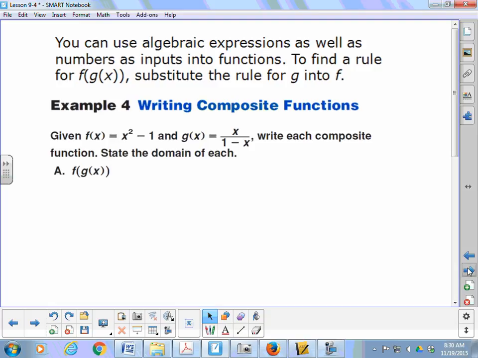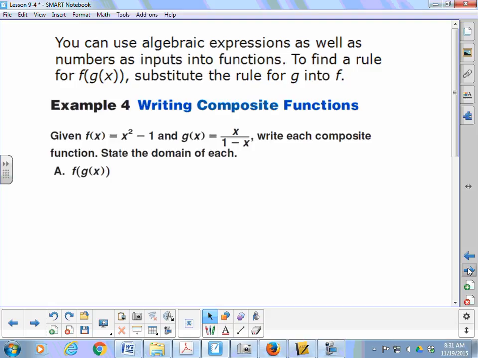So when this says f of g of x, that means we're going to take this whole thing here and put it in there for x.